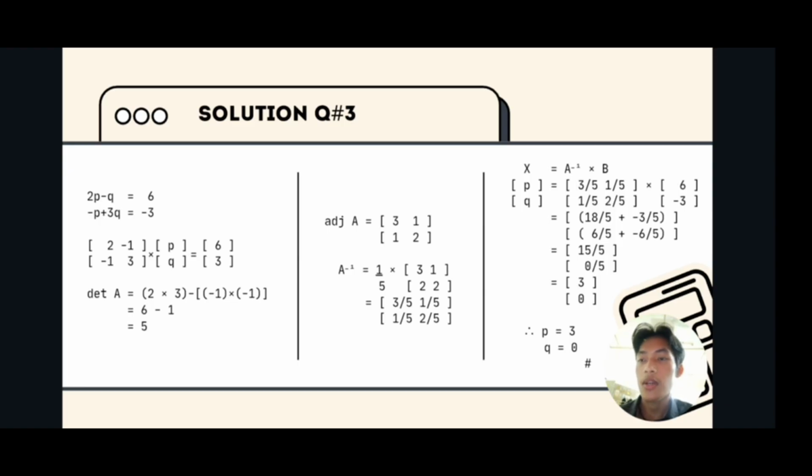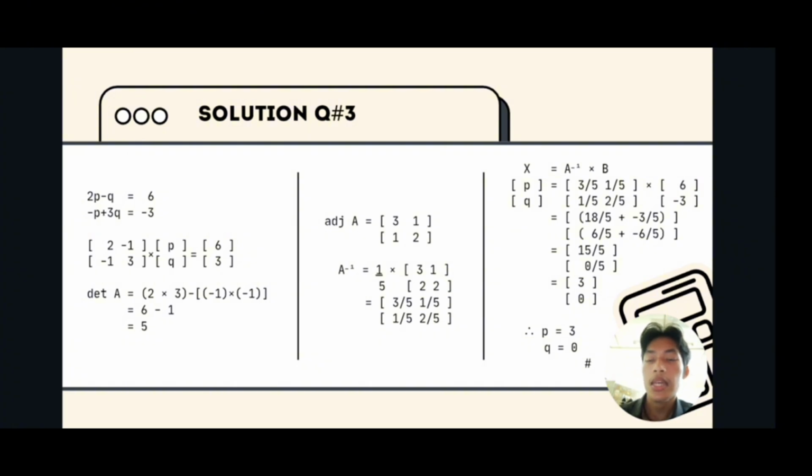In the first matrix, we have 2, negative 1, negative 1, and 3, multiplied by P, Q, equals 6, negative 3. First we have to find the determinant of A. Determinant A equals 2 times 3 minus negative 1 times negative 1, equals 6 minus 1, and the answer is 5.